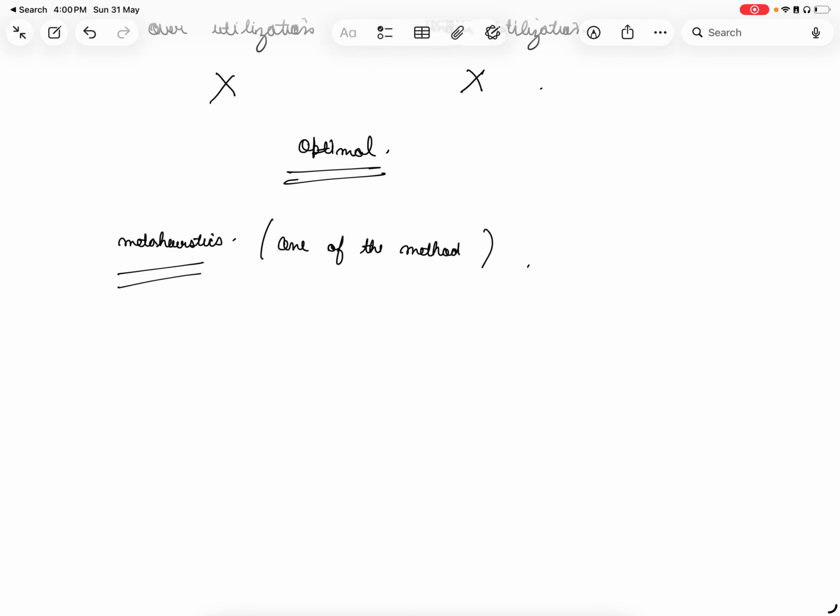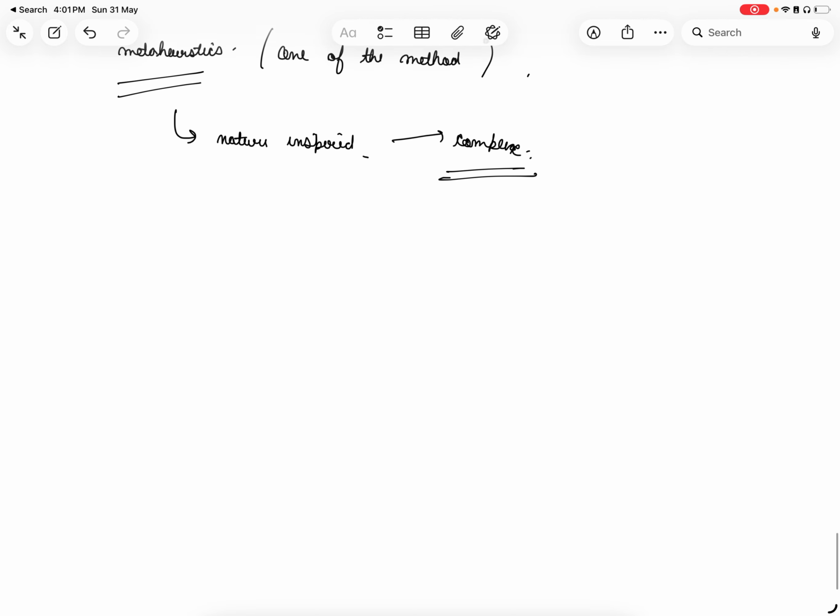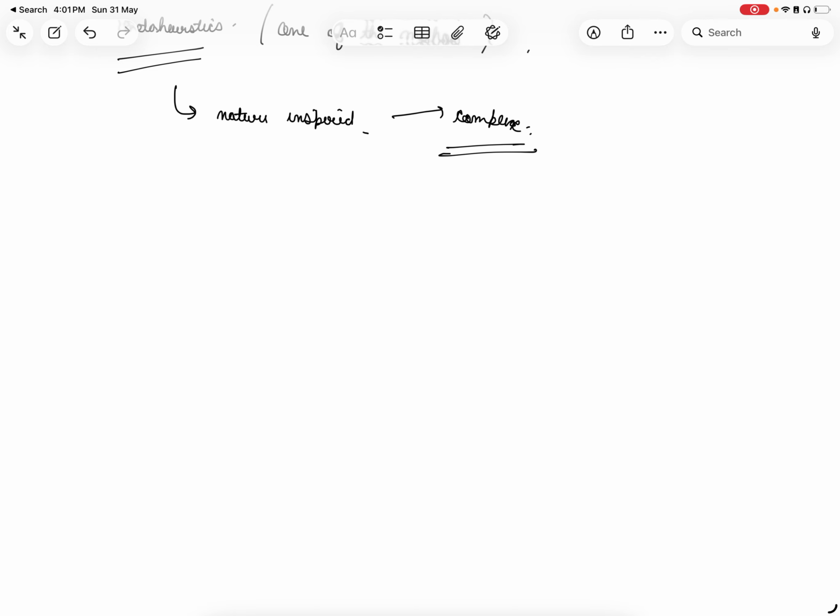The important thing about meta-heuristics is that it is nature inspired. And it can solve certain problems which are so complex that even the smartest computers cannot solve them brute force way. So they need to have some optimization method. But before that, I hope I am clear with what is optimization.